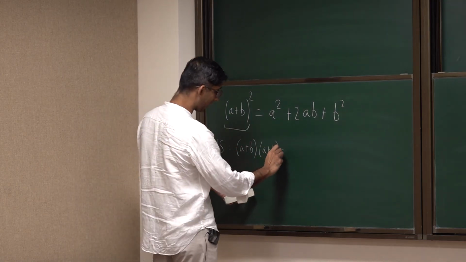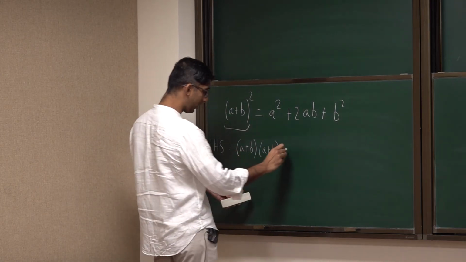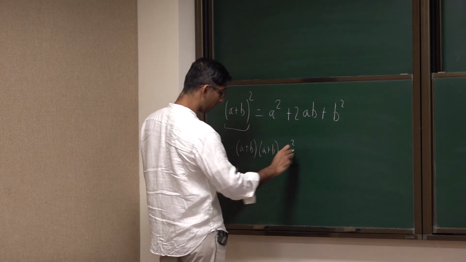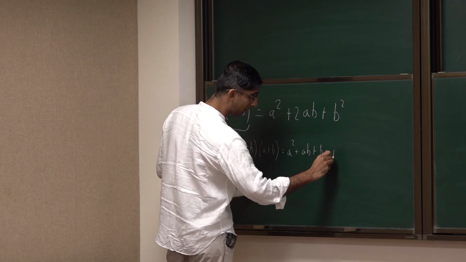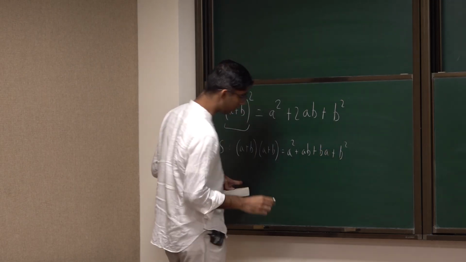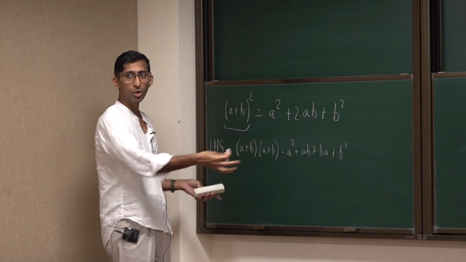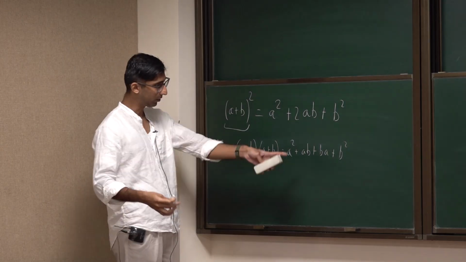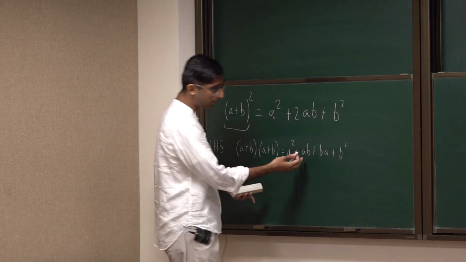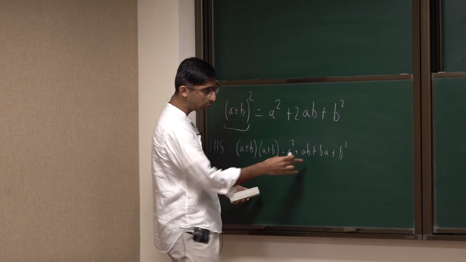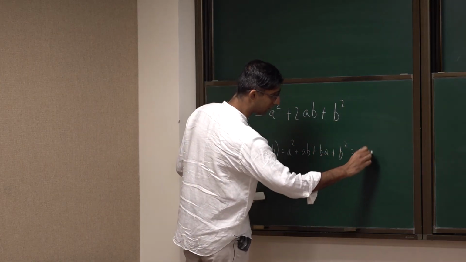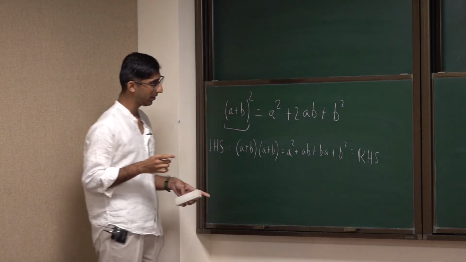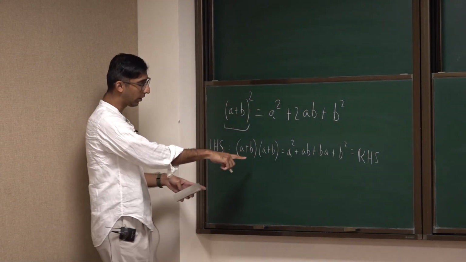So you can multiply these two things, a squared, and then you multiply these two, and then you get these two. So you can expand this using the distributivity property of multiplication, and then you know that multiplication is commutative, so you can put these two together and this is equal to the right hand side, right? And at each point we know what property we used.